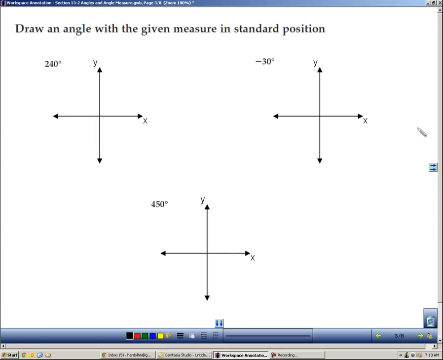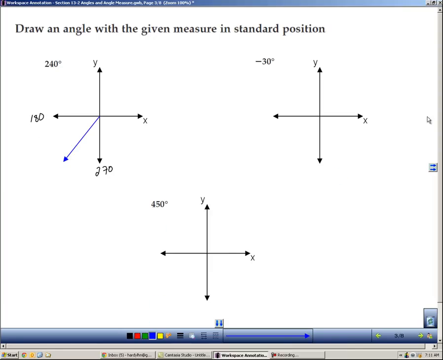Here we're going to draw some angles in standard position. So for this one, 240 degrees, we're going to start with the initial side on the x-axis, and we know that this is 180 and this is 270. So 240 is going to be exactly 60 degrees past 180.